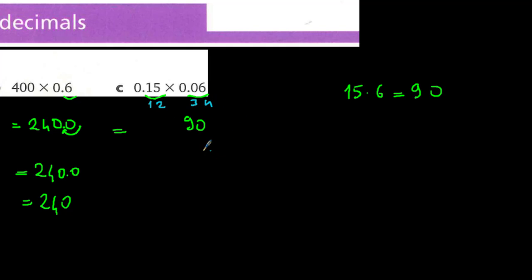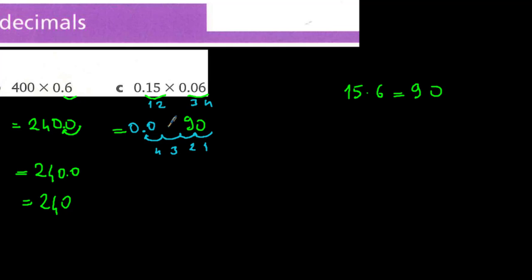Totally, there are 4 decimal numbers. So from the beginning, I'm going to count 1, 2, 3, and 4, and I'm going to put the decimal point here. So our number is going to be 0 point. There are 4 decimal numbers.